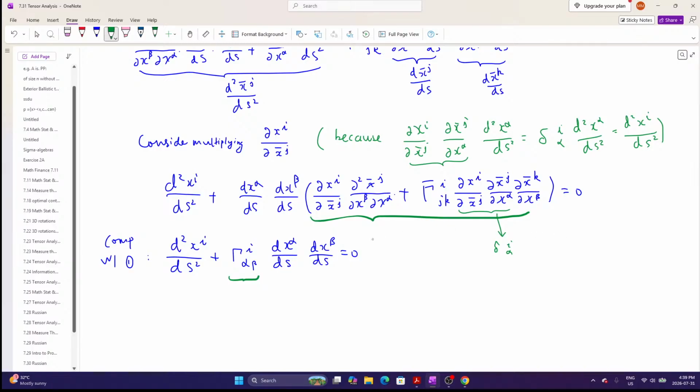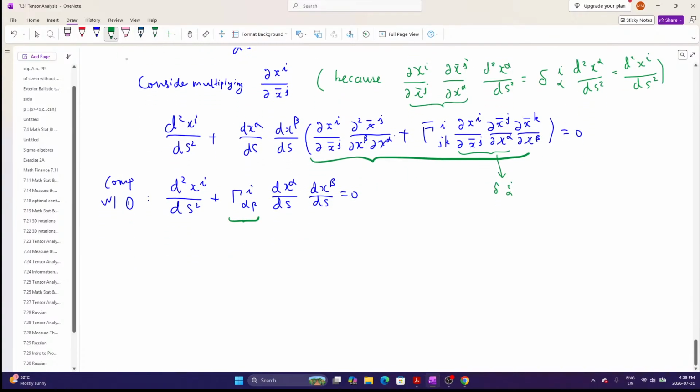So yeah, let me just wrap this up real quick. So here, so far this is what we have. We want the new Christoffel symbol to be in terms of the old Christoffel symbol.